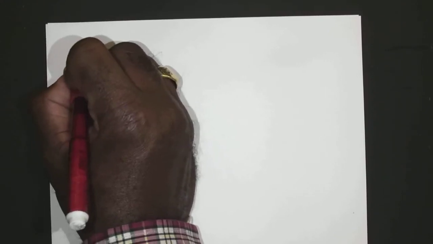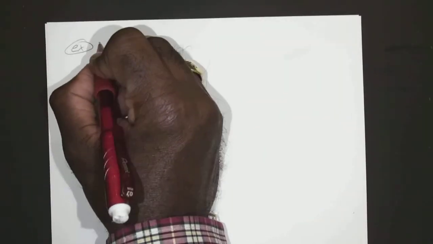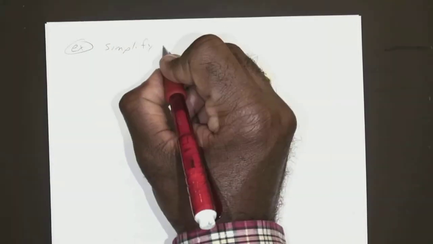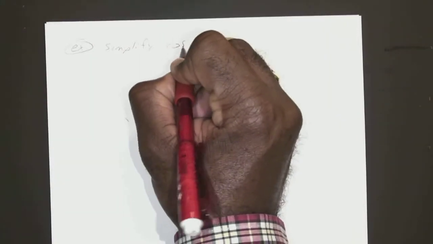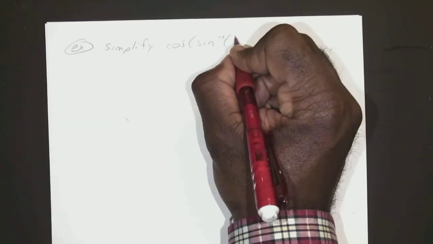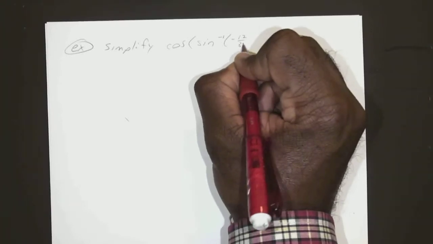Okay, so let's say, for example, you want to simplify cosine of sine inverse of negative 12 over 37.